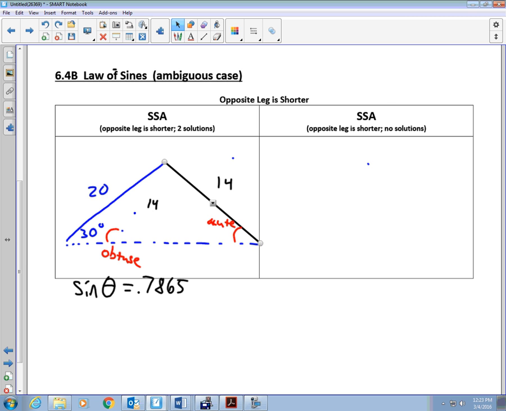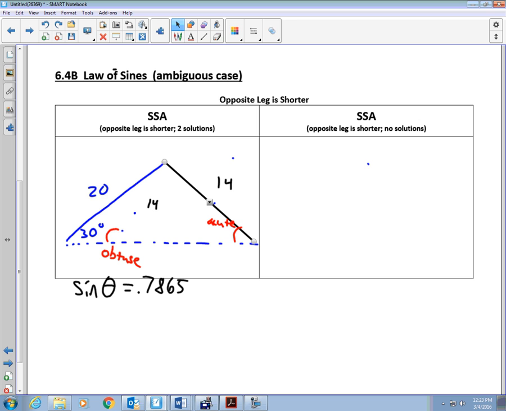Could sine be equal to 0.7865 in the first quadrant, with an acute angle? Could sine also be equal to 0.7865 in the second quadrant? And then it would be obtuse. You don't know which one it is. So therefore, you have 2 triangle solutions. That's the visual you have to keep in mind as we do an example later on today. Discovering when it has that second solution is tricky.